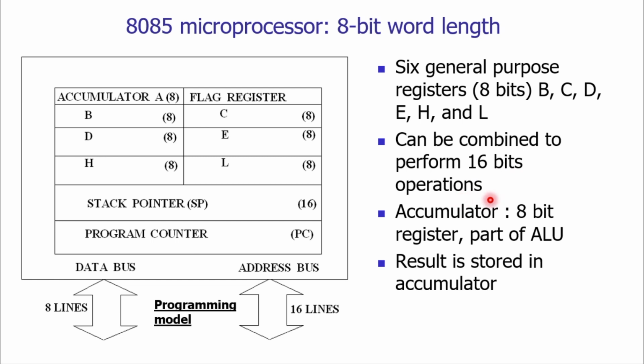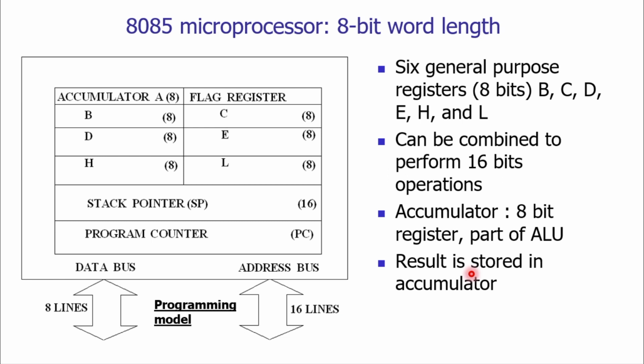As I mentioned, in BCD we require a larger number of bits to be processed, so we can combine these 8-bit registers and carry out processing on higher-bit numbers. This 8085 microprocessor communicates with the outside world through the data bus and the address bus, the meaning of which we have seen in our previous lecture.